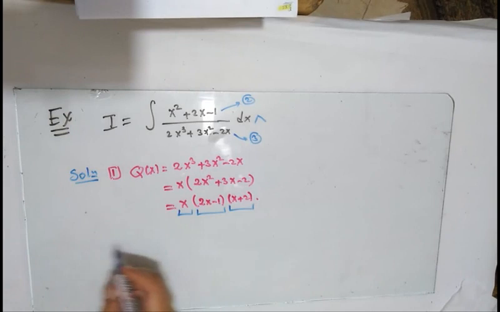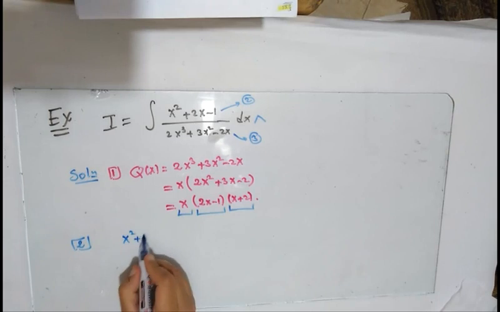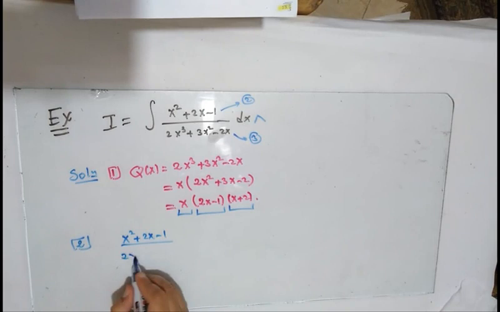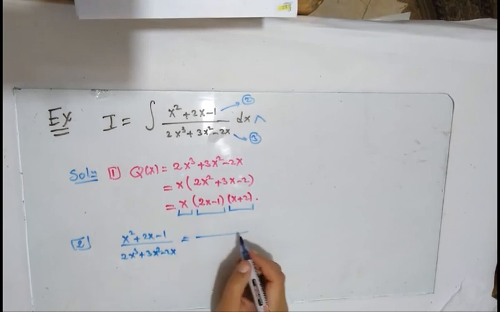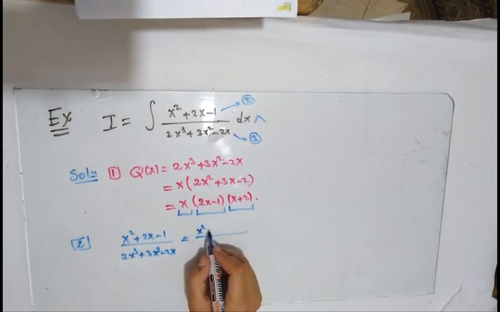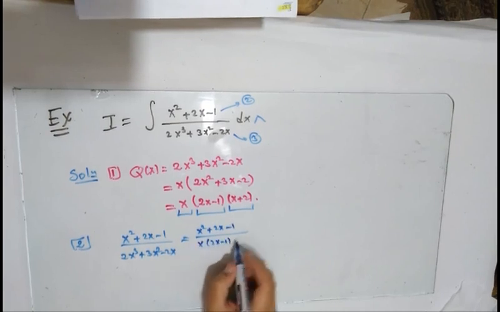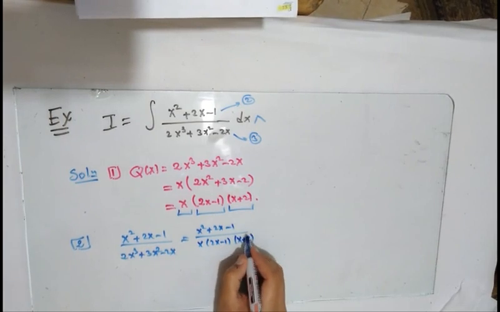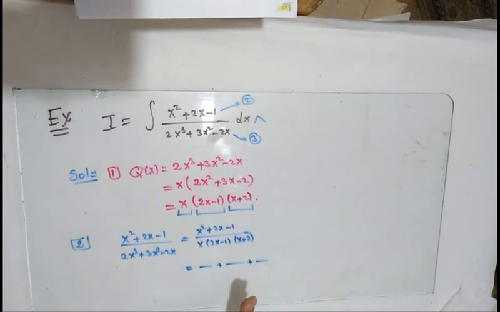So in this case, the second step, you have to write your rational function, x squared plus 2x minus 1 over x times (2x minus 1) times (x plus 2), as a sum of 3 partial fractions.